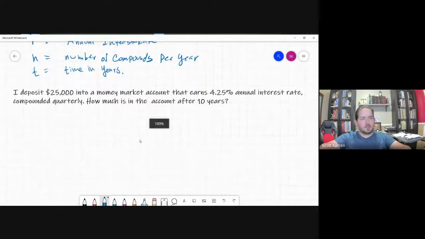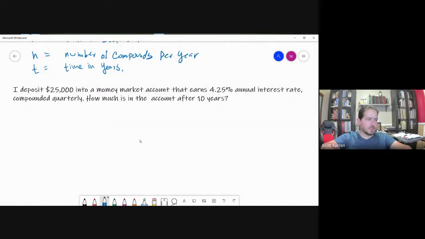Well, I can use that equation here. That equation, once again, was the amount in the account is the principal multiplied by 1 plus R over N, all raised to the N multiplied by T. Right? So I'm just going to plug stuff in, right?